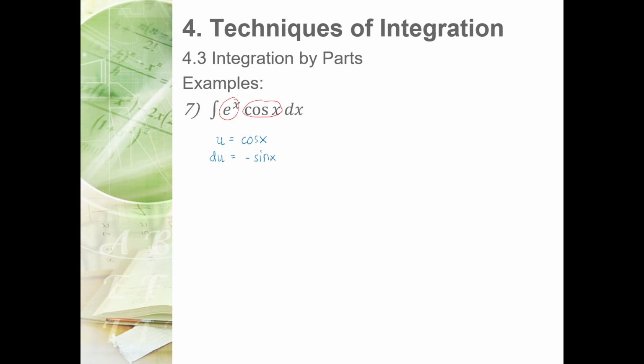Either way is acceptable if you want to let your u be e to the power of x. So dv is e to the power of x, and then getting the integral, it's still e to the power of x.